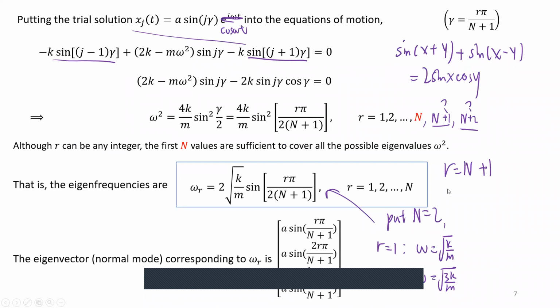So the question is, if we put in r equals n plus 1, n plus 2, what will happen? That is, if we pick a value outside of the range of 1 to n, what would we get?